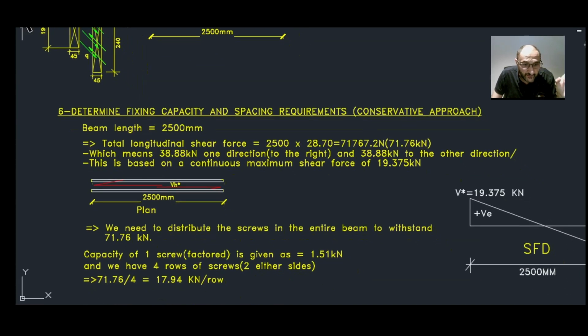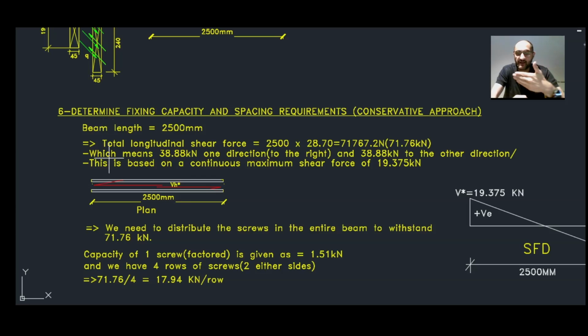So the total longitudinal force in this case, we have a beam of 2.5 meters, so that'll be 2,500 millimeters multiplied by 28.7, which gives us 71,767.2 Newton, and that's equivalent to 71.76 kilonewton, which means basically 38.88 kilonewton is going in one direction to the right and the other is going to the left.